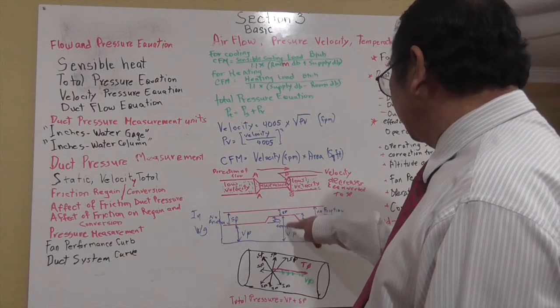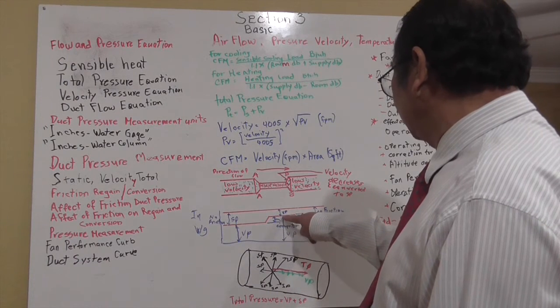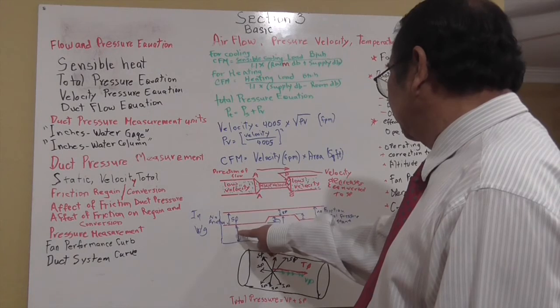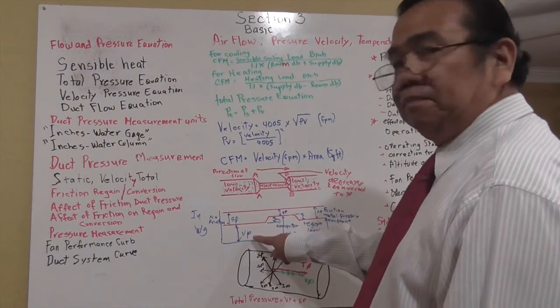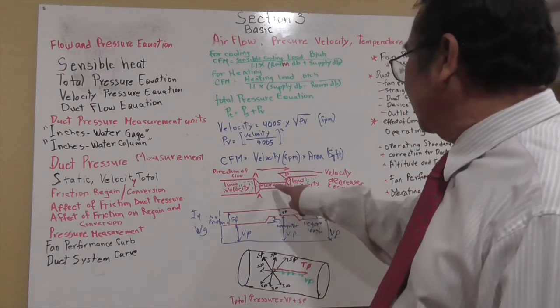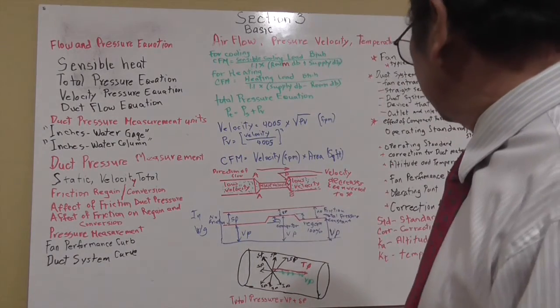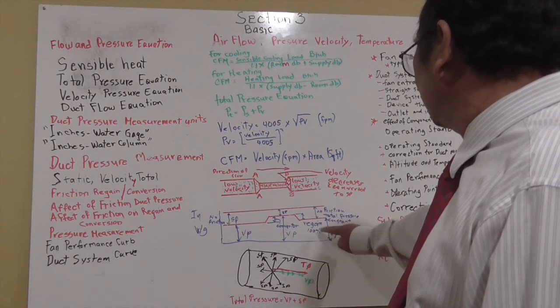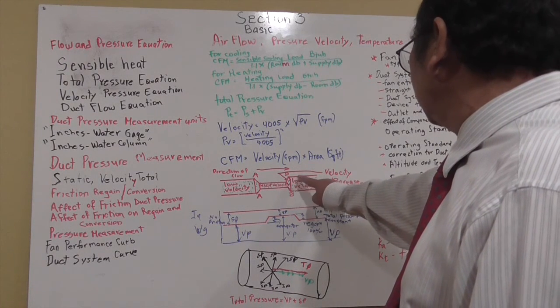But the velocity pressure increases on this diagram. This is the baseline, and here is the velocity pressure. The velocity pressure went up as it goes to the restriction, and then it went back down to normal once it passed the restriction.